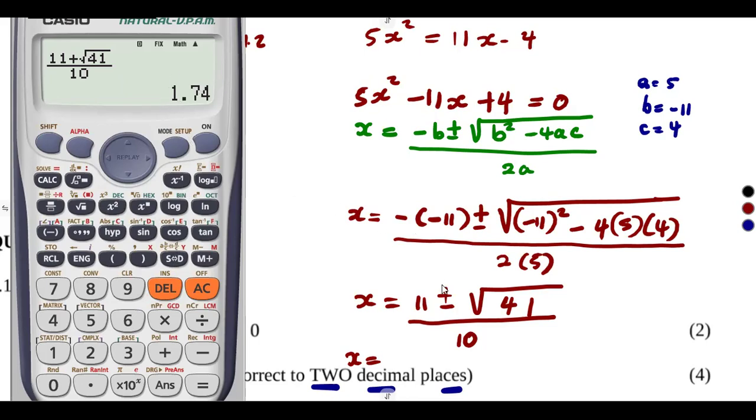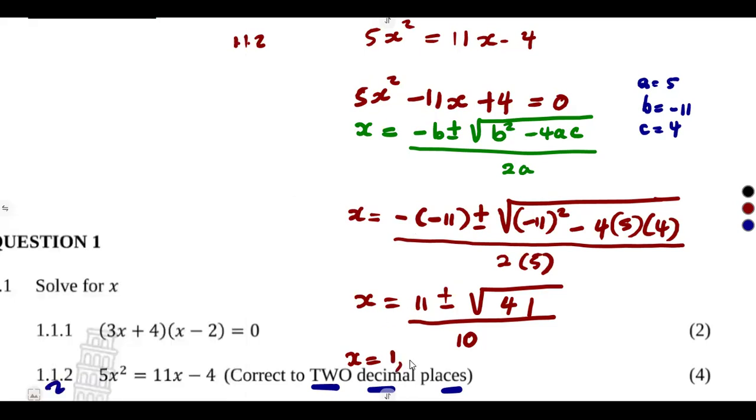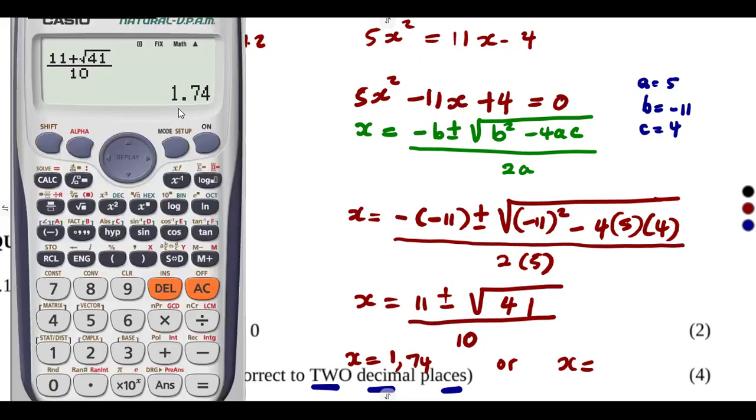All right, that's 1,74. So this is 1,74, or x is equal to, on this other side, taking the negative this time. All right, so taking the negative, just going to put a negative here.